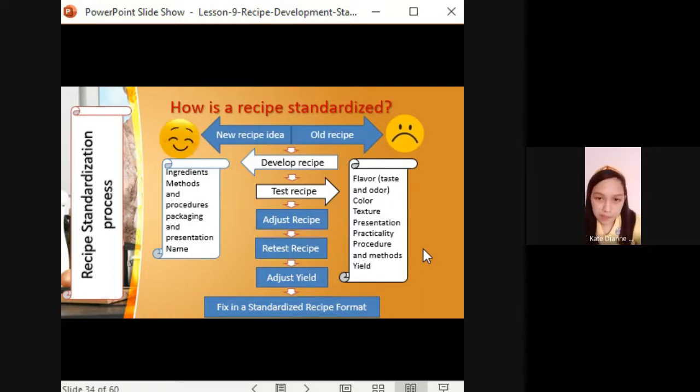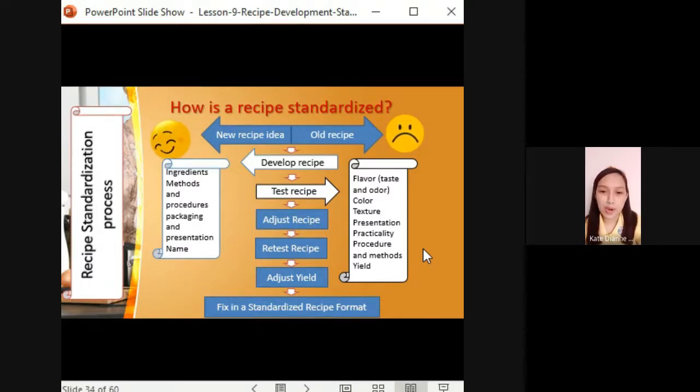The fourth one, or the fifth one is to adjust yield. So, sa portion naman natin, mas okay ba yung portion natin is mas malaki, mas madami? Kailangan ba, naka-chop siya pag binenta? So, after ng pinagdaanan niyang mga procedure, ang final result would be fixed in a standardized recipe format.